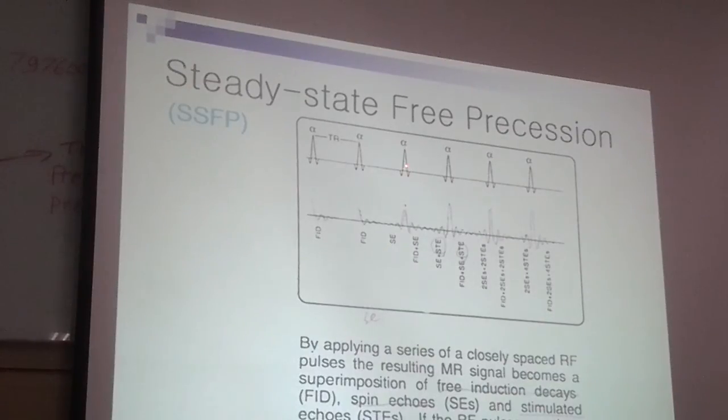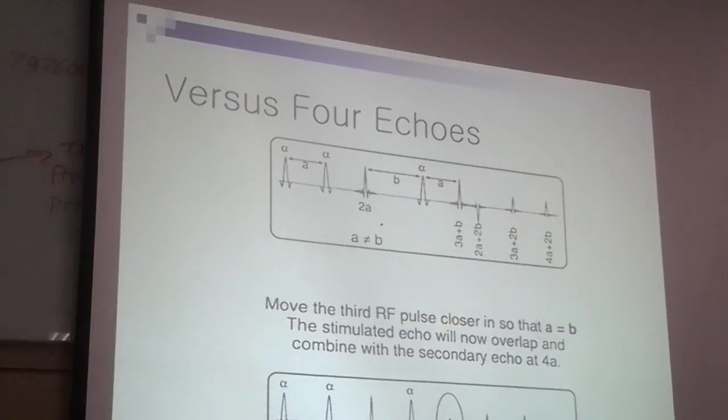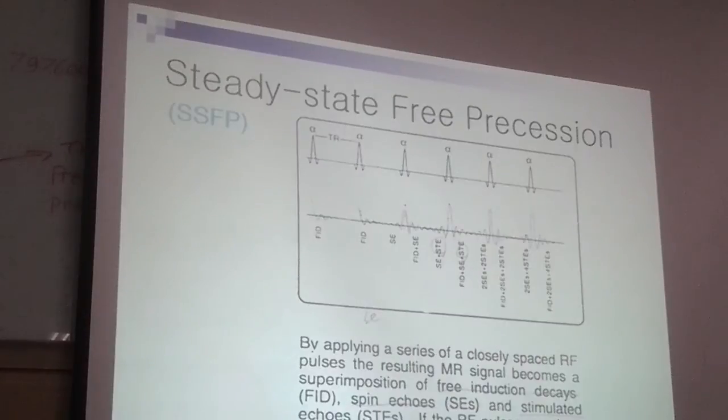From the combination of three RF pulses, the stimulated echo is also generated, as shown here. At this time, the stimulated echo and the Hahn echo, which is generated by the second and third RF pulses, are present.